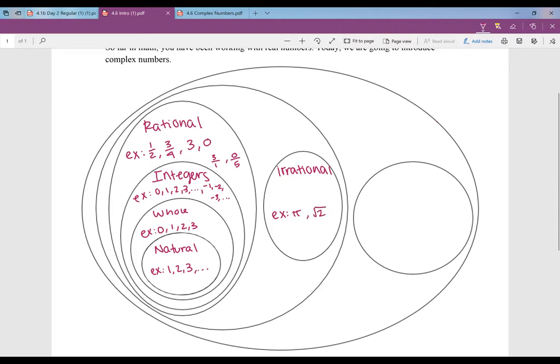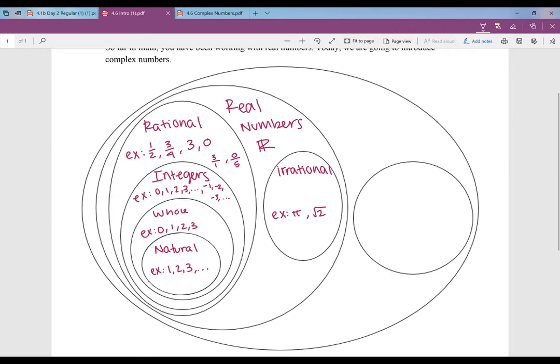The square root of 2 is a never-ending decimal. So those are called irrational numbers. Now together, your rational and irrational numbers make up real numbers. Right? Your real numbers include every kind of rational number, every kind of irrational number. Those are all real numbers.